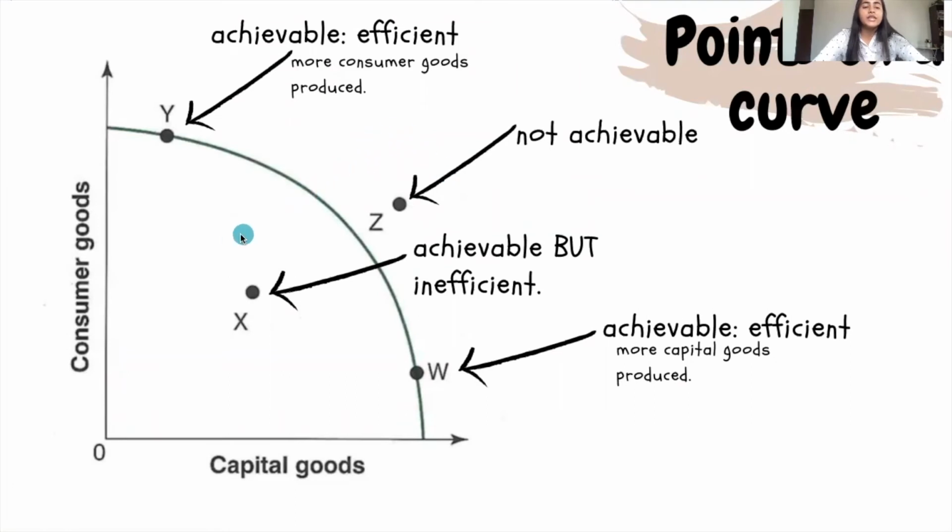And point X shows inefficiency. It is achievable, but it is inefficient because you're not using all the resources that are available in the economy. And point Z is outside the curve and it is not achievable at this level because you don't have enough resources to produce point Z output.